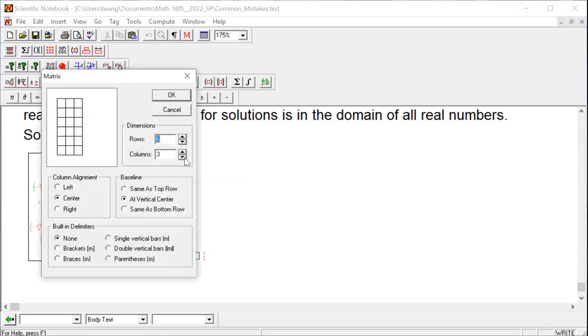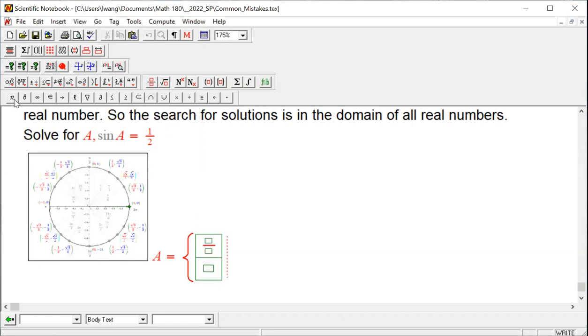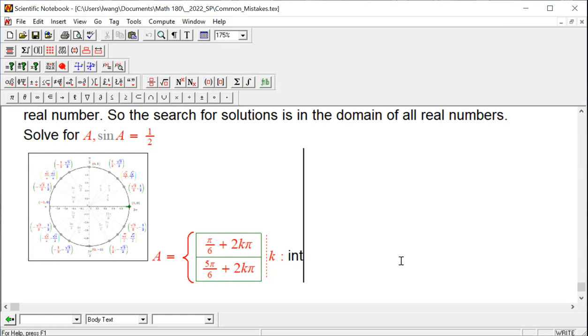And these solutions, of course, most of you already know. I hope that I don't bore you too long, right? Pi over 6 plus 2k pi, and the other one is 5 pi over 6 plus 2k pi. This is related to how we measure the angles. And k is any integer.